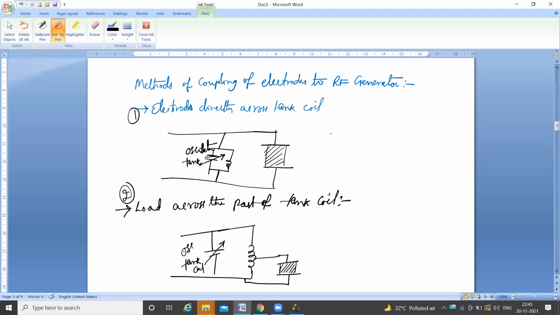And the third one, auxiliary inductor in series with load.